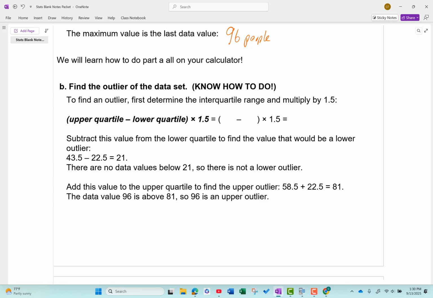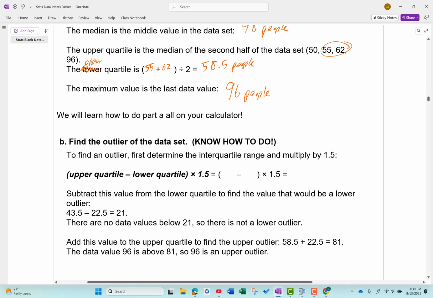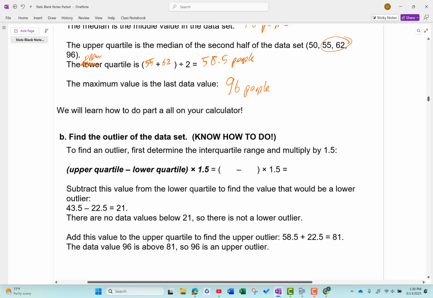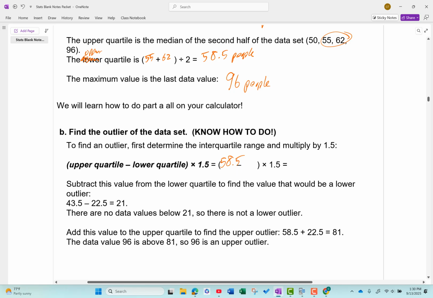All right, so I can look and see that in this case, my interquartile range, take my Q3, which is going to be 58.5. I'm going to subtract from that my Q1, which is 43.5. And doing that math, I end up with 15.